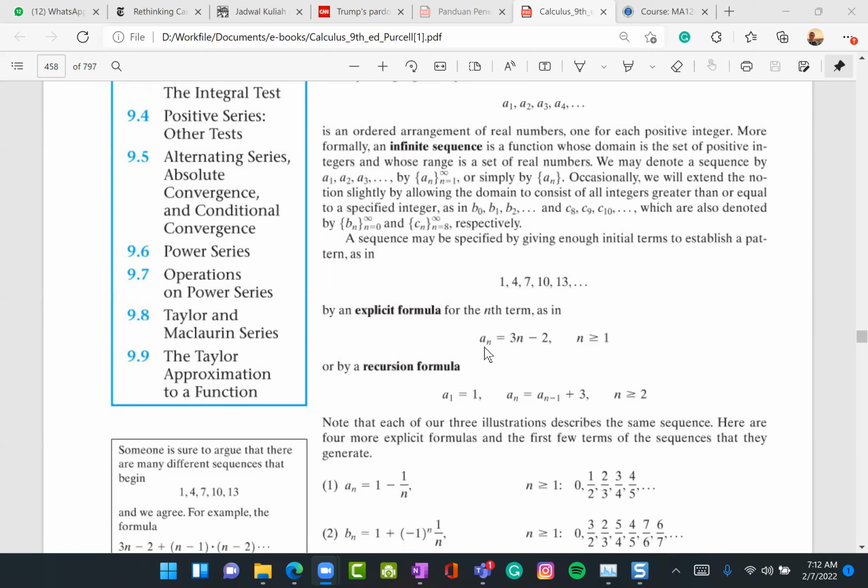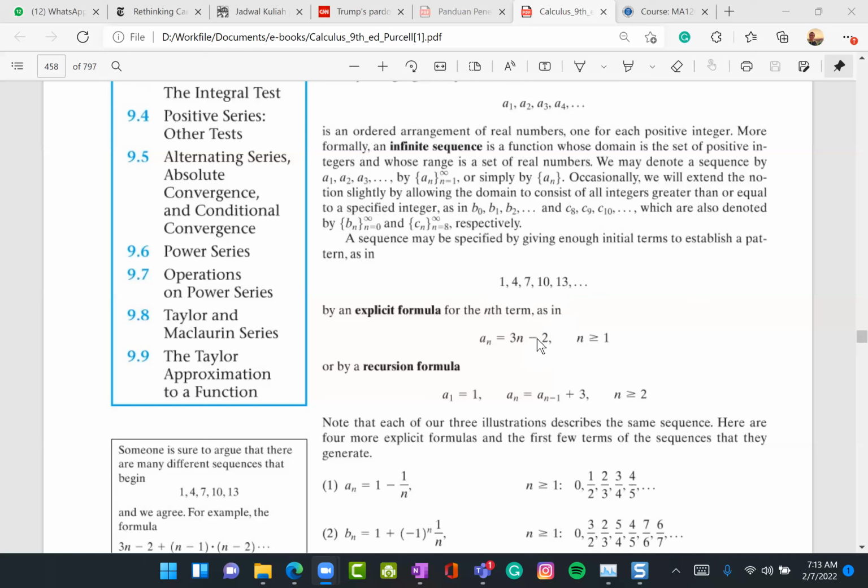Or you can write down an explicit formula. Looks like this one, for example, 3n minus 2. So that means for n equals 1, you get 1. N equals 2, you get 4. So basically it gives you the sequence here.